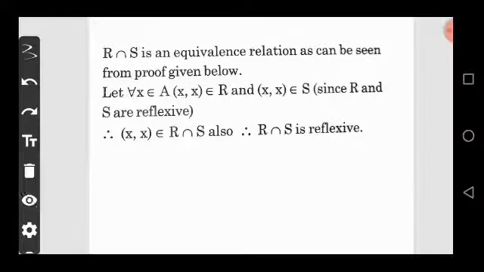Here, R intersection S being an equivalence relation can be seen from the proof given below. For all x belonging to A, (x, x) belongs to R and (x, x) also belongs to S, since R and S are reflexive.